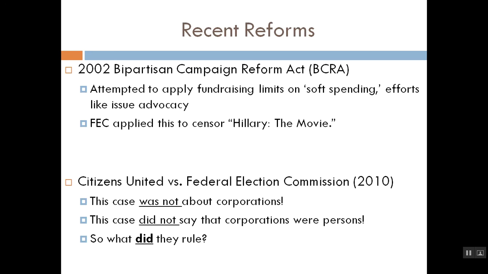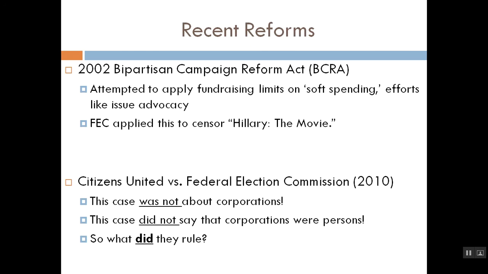But those limits are themselves a violation of the Constitution, and the Constitution takes precedent. In other words, in Citizens United versus the Federal Election Commission, a 2010 Supreme Court case, Citizens United asks the United States Supreme Court to overturn the BCRA's limits on soft money expenditures. And that's exactly what's going to happen.